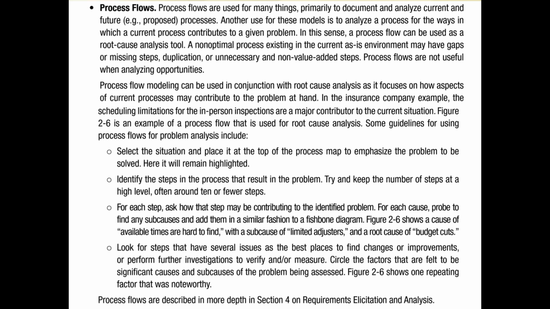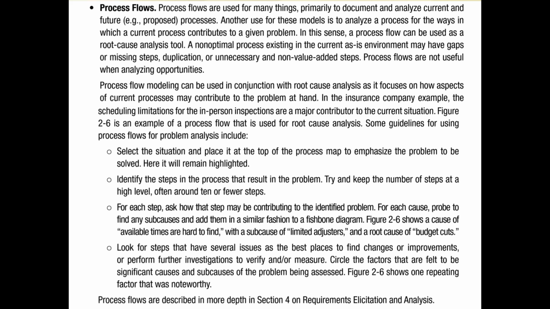For each cause, probe to find any sub-causes and add them in a similar fashion to a fishbone diagram. So you are doing the fishbone as well as simultaneously you are looking at the process. So looking at the process flow, you are creating a fishbone diagram. So both of these methods can be used together.